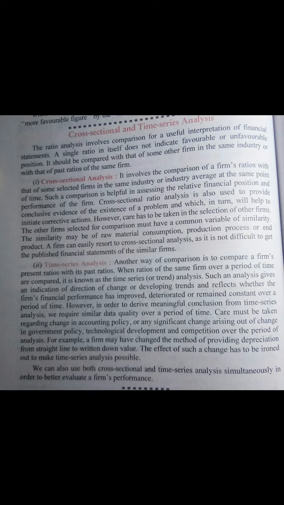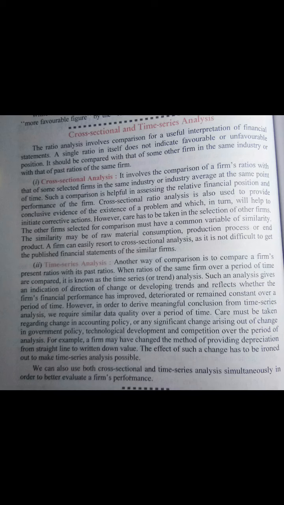While when a firm involves in a comparison with its own past records or past ratios, then that kind of comparison would be known as time series analysis.